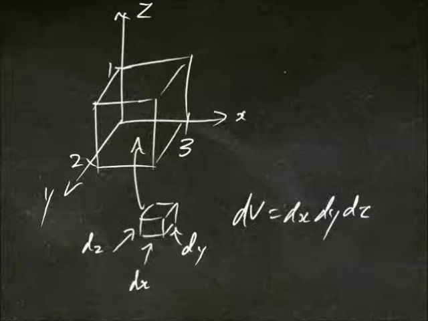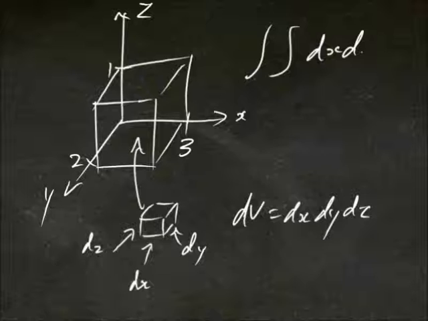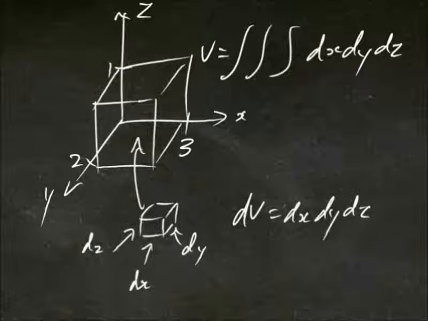So to integrate this box, we would say the integral of dx, which is the sum of all dx values, and also the integration of dy, and also the integration of dz, would give us the total volume.